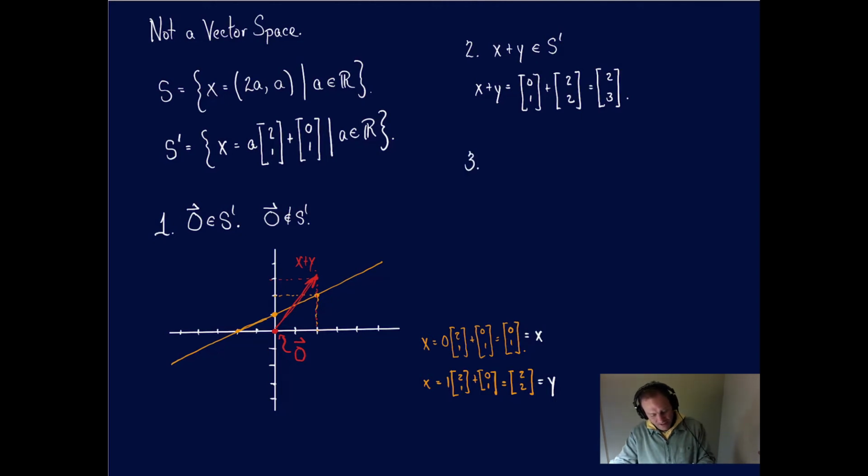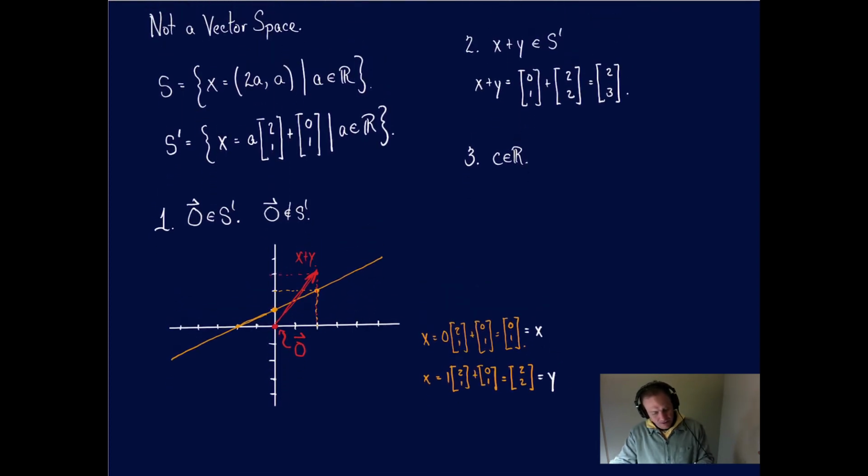Let's take any scalar c in the real numbers, and multiply it by any vector that's in S prime. We could use the general variation, or we could just use one of our vectors to help you see this. Let's do this one in the general. So c times x.